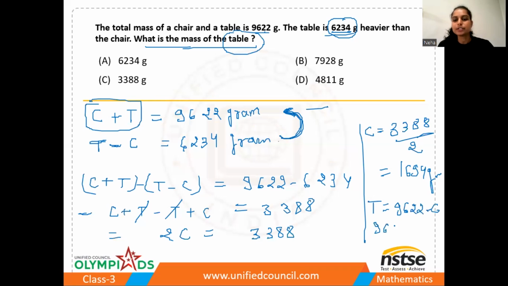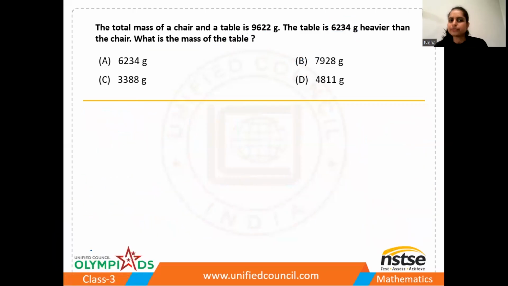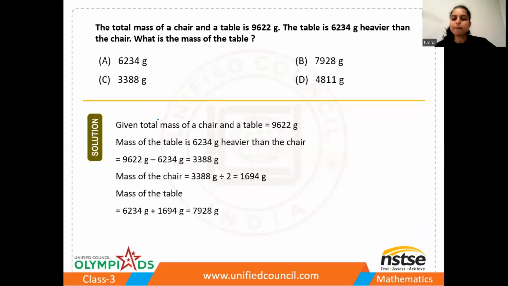So this is 9622 minus 1694, which is 7,982 grams. So yes, this question has some calculation, but it is not very difficult. This is the detailed complete solution for this question.